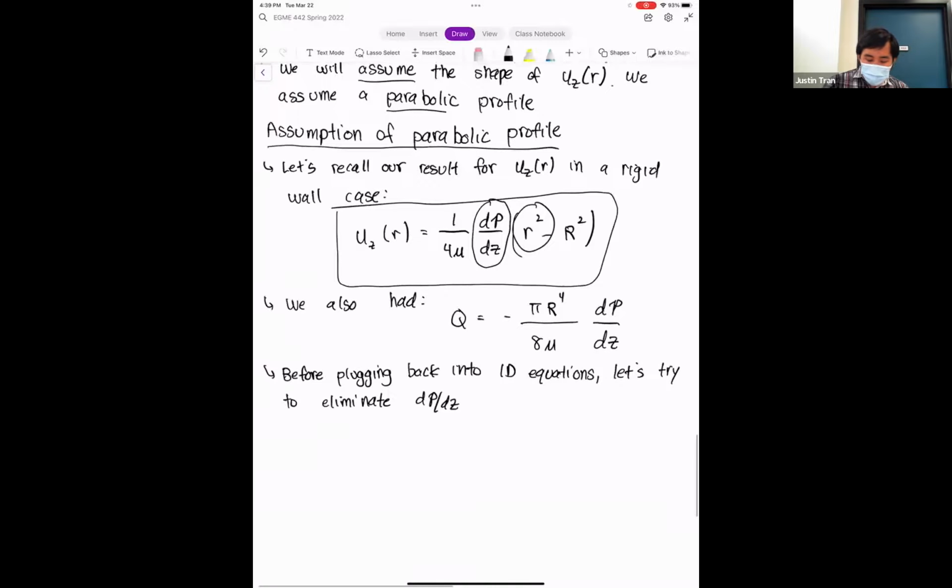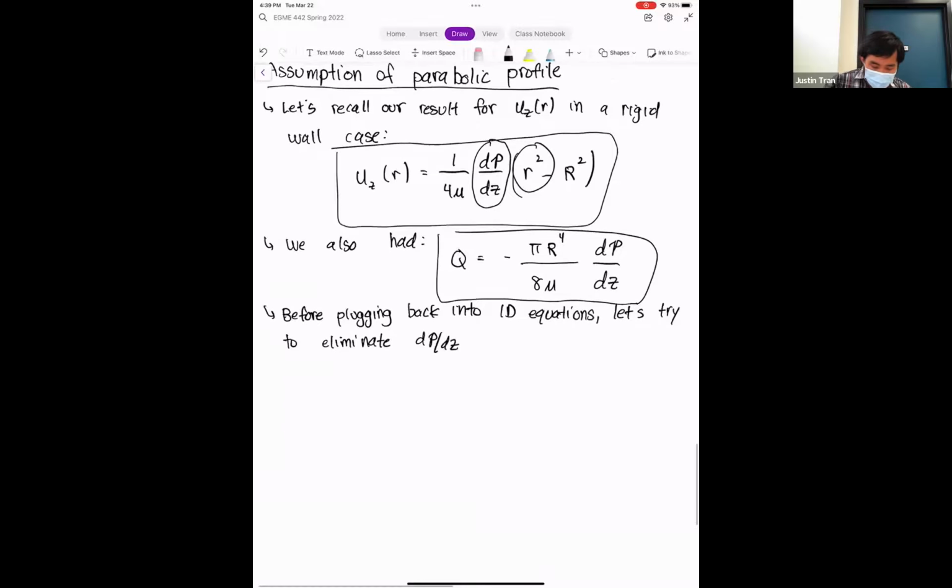All right, and to do that, we're going to use the second equation that I have here, which is Q. So Q here also has dp dz, and so let's solve for dp dz from the Q. Okay, and so from the second equation, what we have is dp dz is equal to minus 8q mu divided by pi r to the 4th.